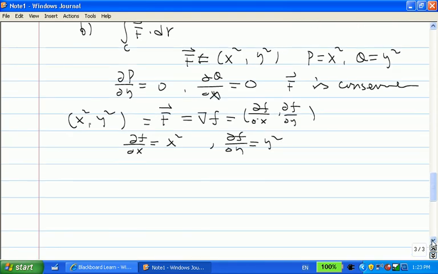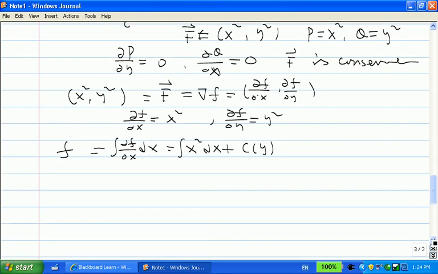Now let's start with the first one. We integrate the first equation on both sides with respect to x. That gives you f. Remember, you have to add c of y. So this gives you 1/3 x to the third plus c of y.